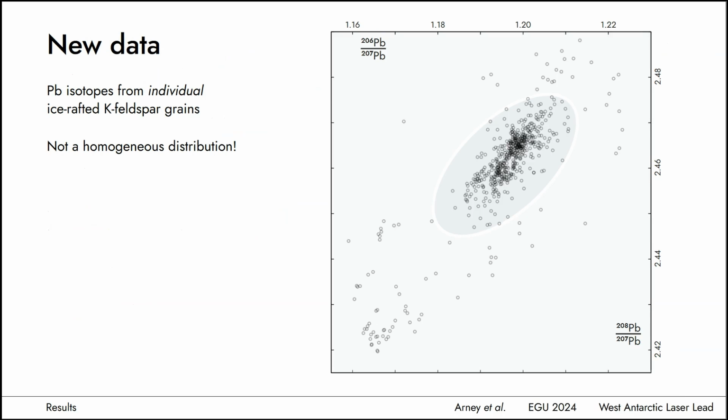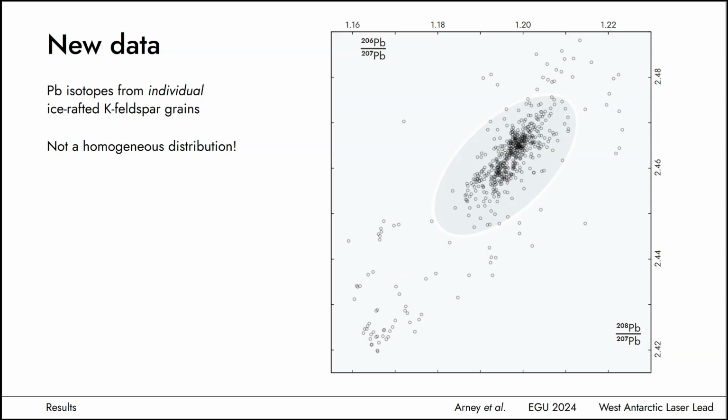This is a cross plot of 207 normalized lead, and we've replicated the central cluster from the bulk data, but it's not homogeneous. The distribution is not all the same. There are definite denser bits and less dense parts, and you can also find clusters away from the main body down here in the bottom left, the less radiogenic part of the plot.